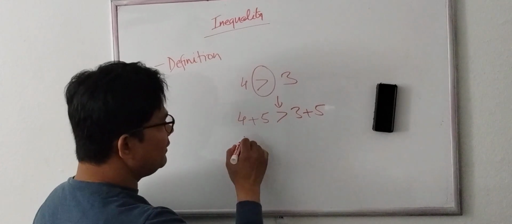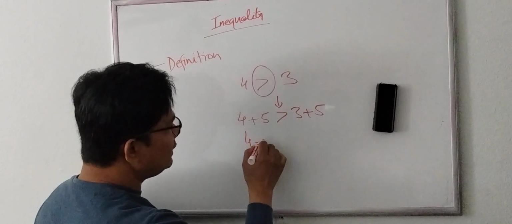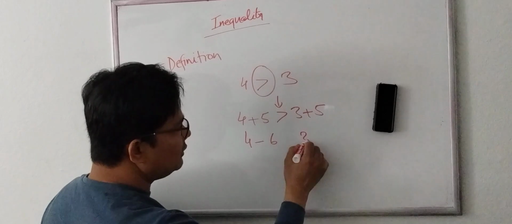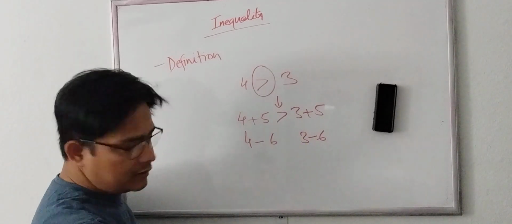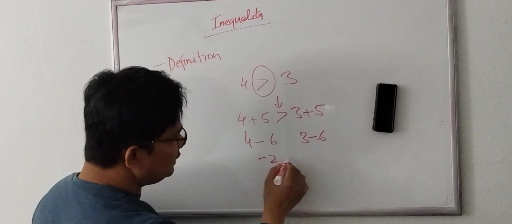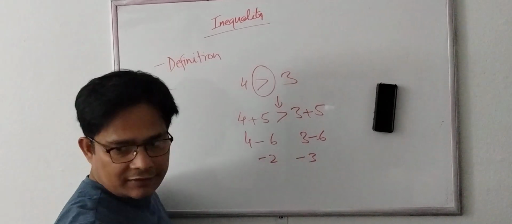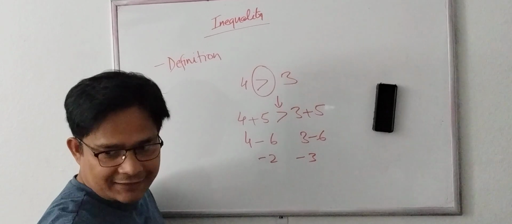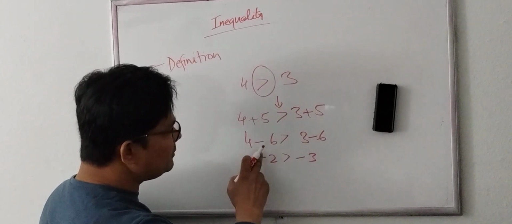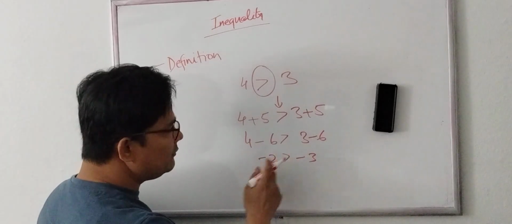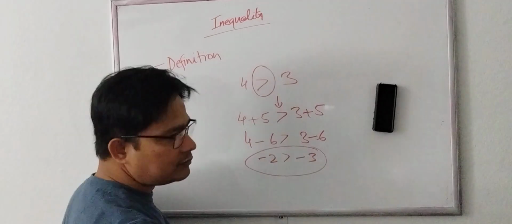Now let's try a negative number: 4 - 6 and 3 - 6. This will be -2 and this will be -3. Did the relation change? No, it remains the same. So even if you subtract anything, the relationship will not change.